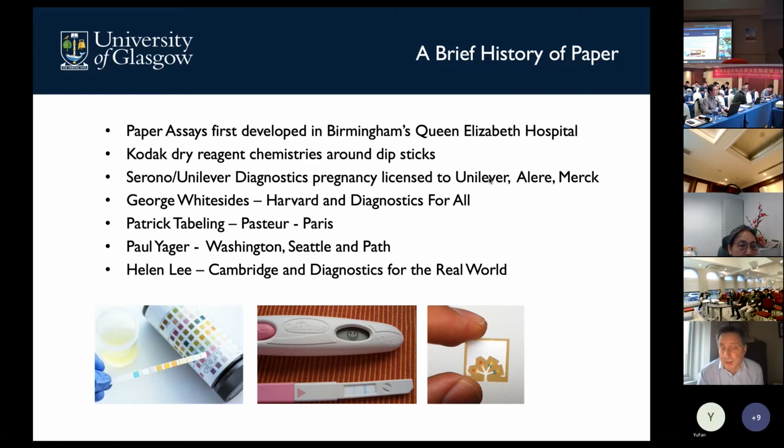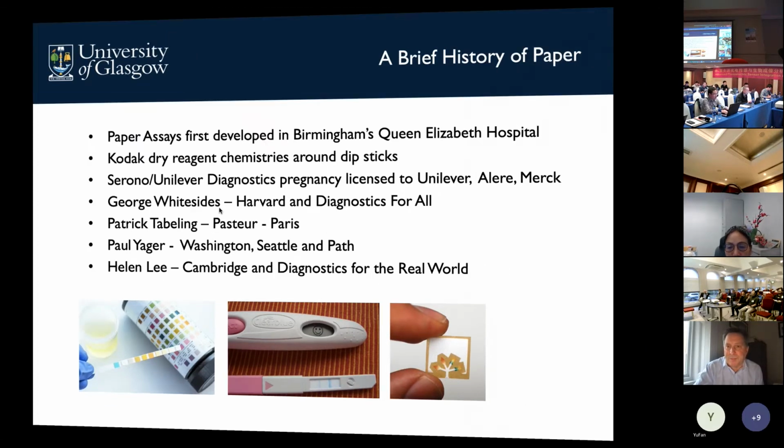Kodak, which was a photographic company in USA, actually used to make dry reagent strips before their demise. And there are a number of academics who've largely worked on immunodiagnostic testing, looking for biomarkers for disease, and I would highlight George Whitesides in particular, Paul Yager in Washington, Patrick Tabeling in Paris, and Helen Lee in Cambridge, who have all been pioneers of doing immunodiagnostics.